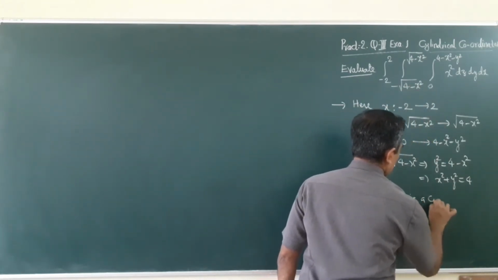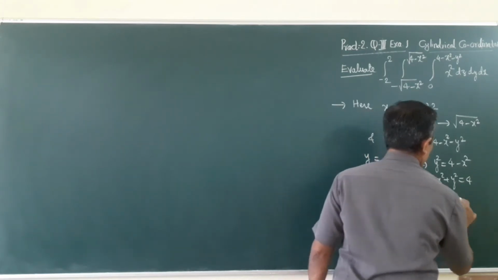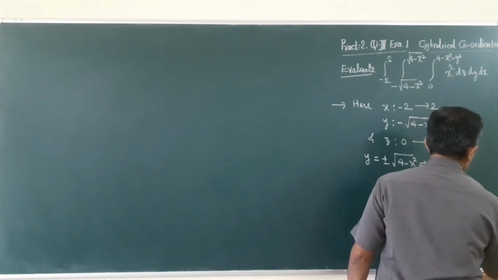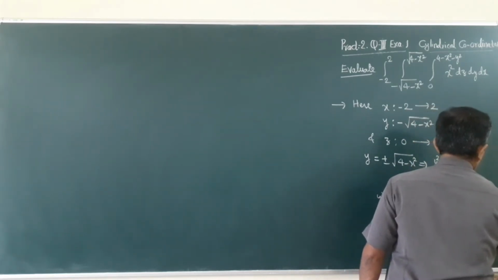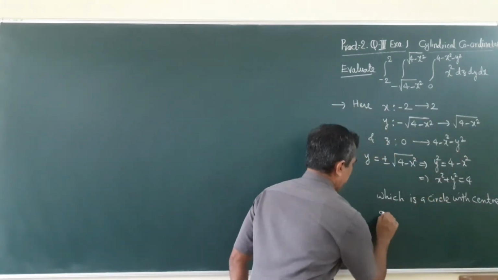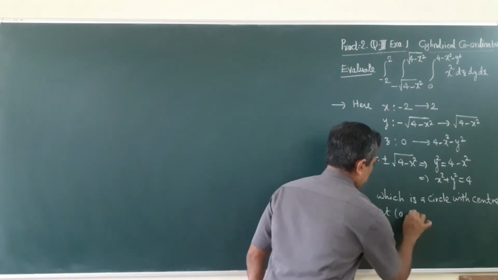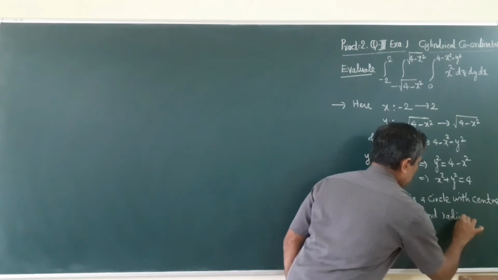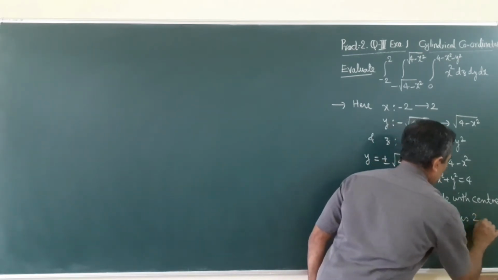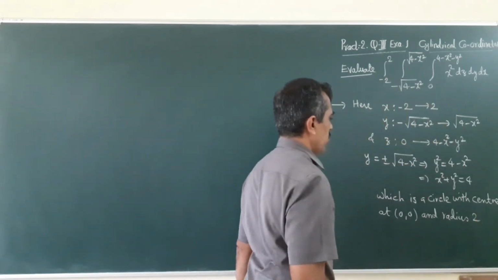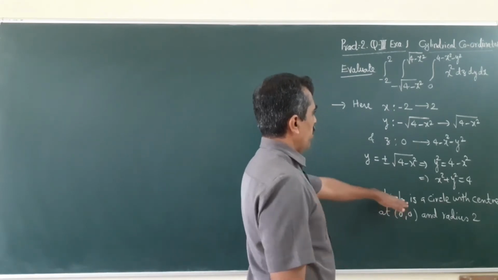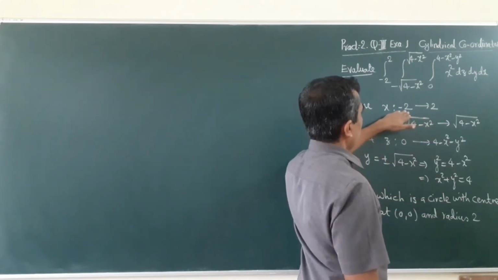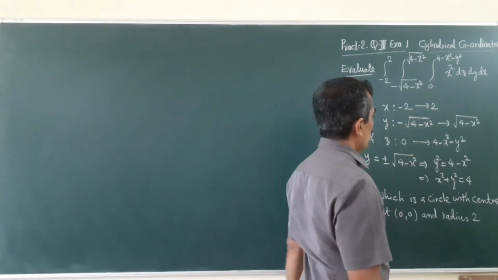Which is a circle with center at origin and radius 2. So see, the base is a circle of radius 2, and here x runs from -2 to 2.